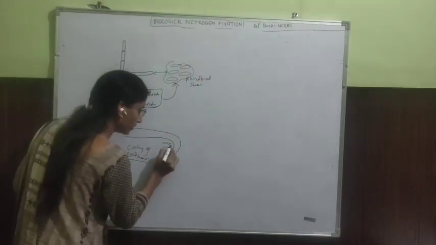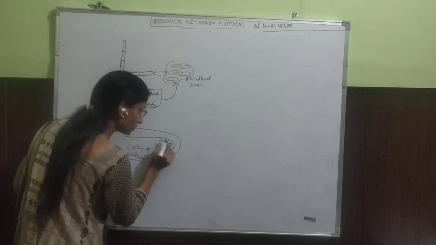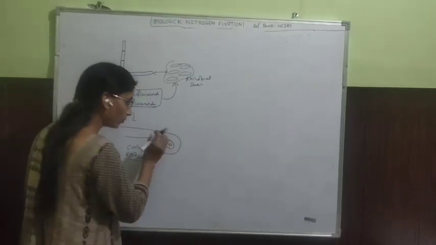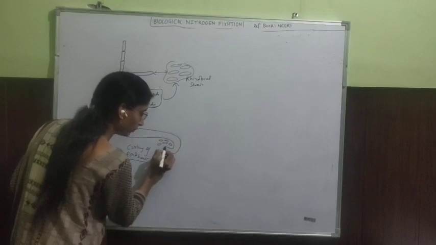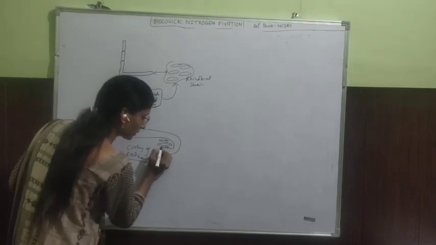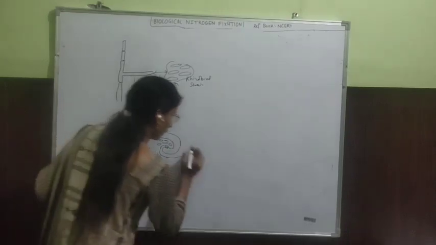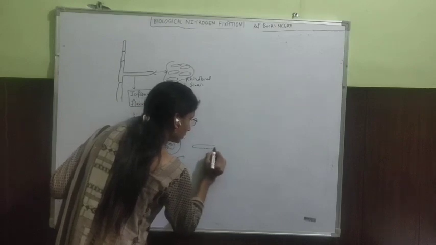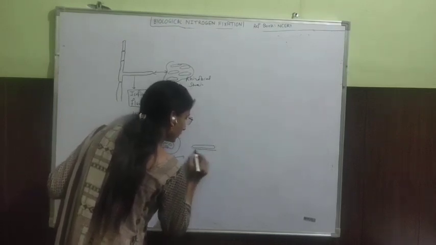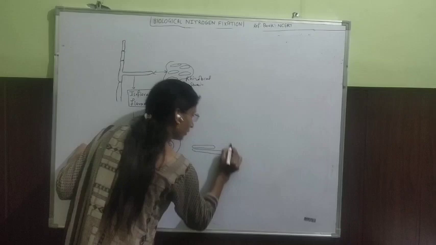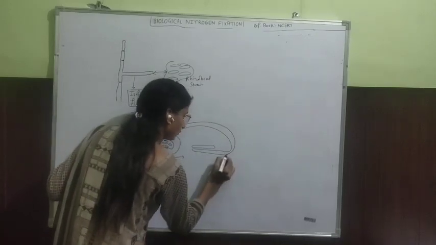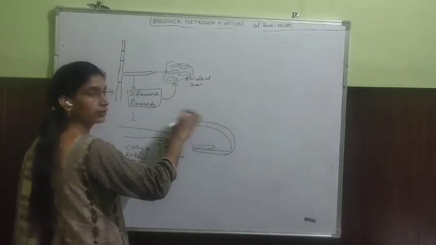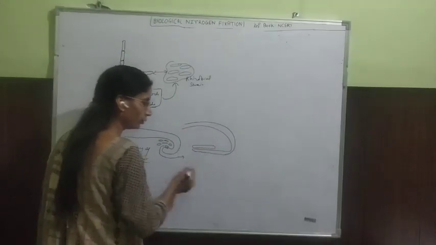After they get trapped, we will talk about this particular site. This is the rhizobial strain, and this is the curling wall of the root.